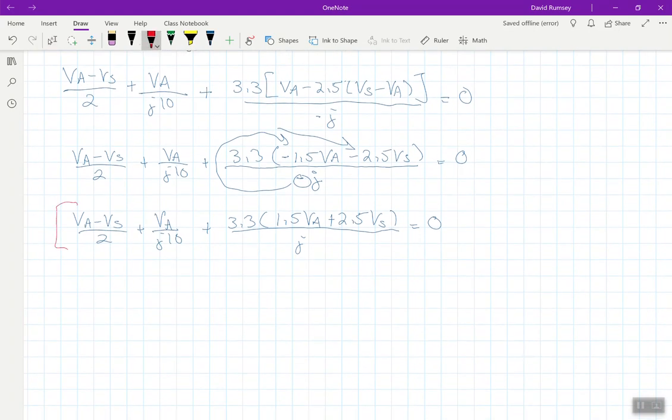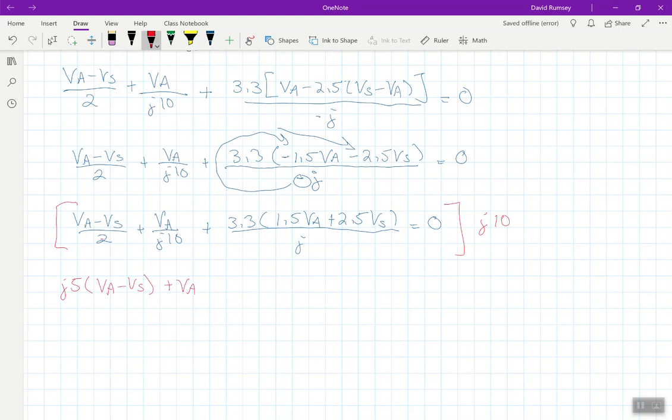Oh, well this is actually making quite a good amount of progress now. I just need to multiply through, and if I multiply through by j10, all sorts of things start canceling out. Dividing by 2, that's just j5 times (Va minus Vs). The j10 and the j10 would cancel, so plus Va.